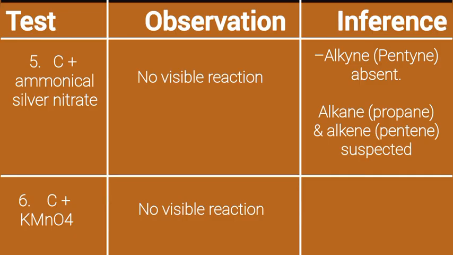But here we are assuming under the observation that on adding potassium permanganate to liquid C, there is no visible reaction. It simply means that C is not an alkene. Rather, C is an alkane, which is propane. And so propane has been confirmed to be liquid C.